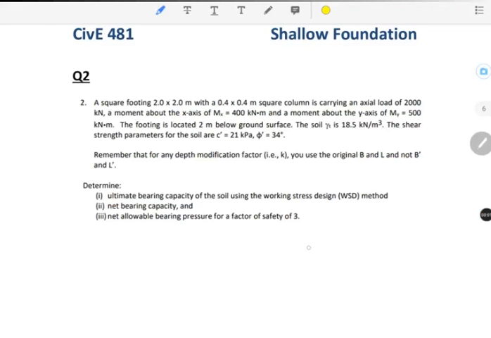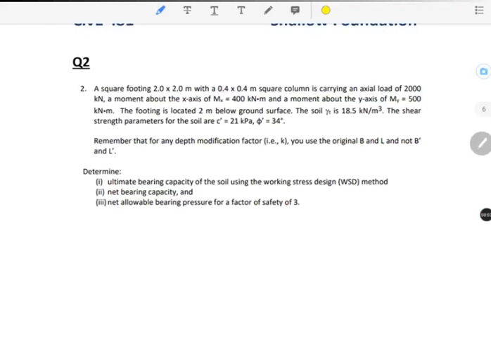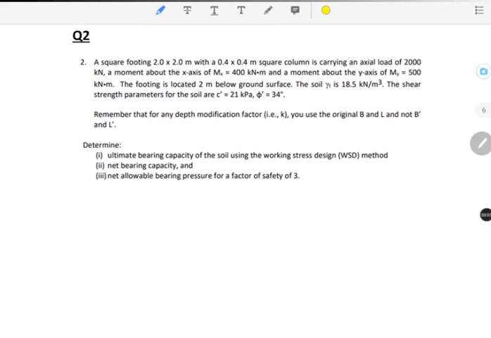Question 2. Design of square footing. This footing is embedded at 2 meters below the ground surface. It looks like this.